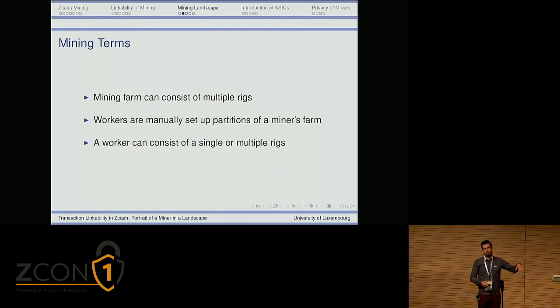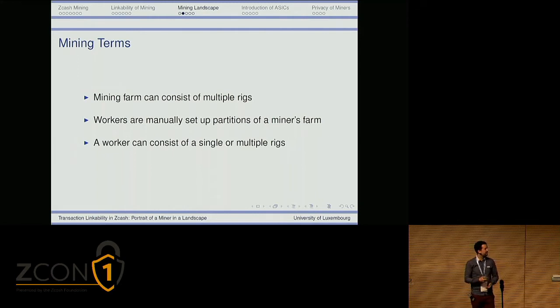A mining farm is usually a one-to-one translation of a specific miner address, and a mining farm can consist of multiple rigs, where a rig is basically a piece of hardware. And then workers are actually separate from rigs, because workers are manually set up partitions of this farm, where a worker can be a single rig, but it can mean multiple mining rigs as well.